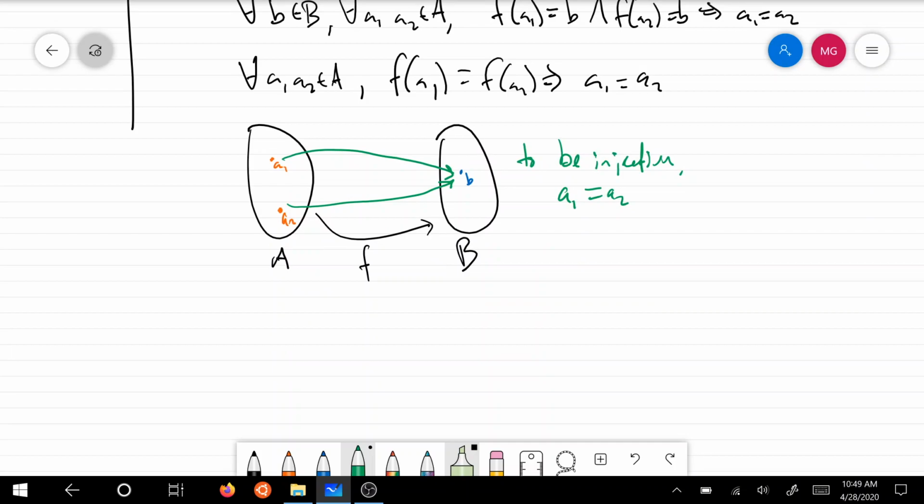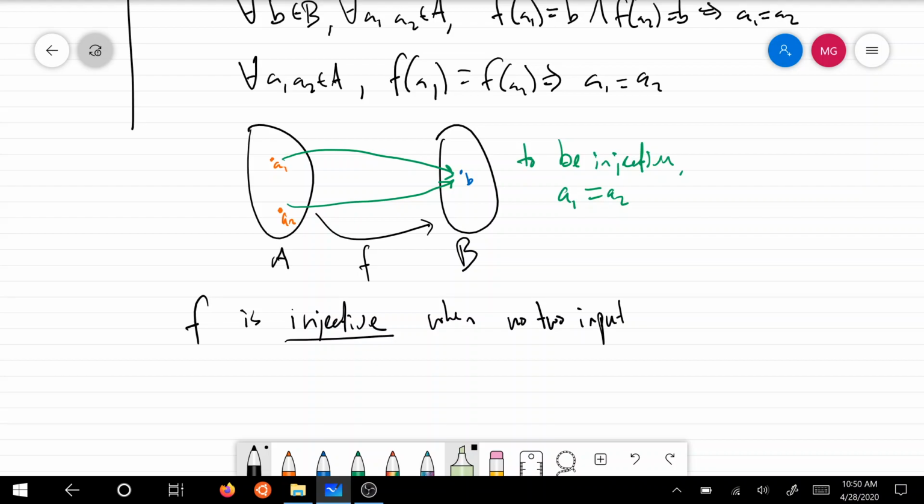Okay, so in English, f is injective when two distinct inputs must have distinct outputs.